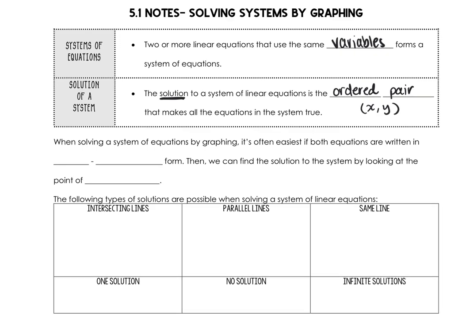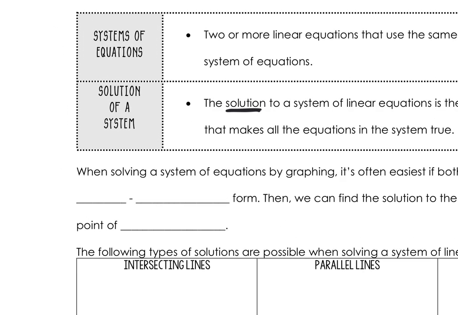We don't really have steps for this process, but when we are solving a system of equations, the first thing we're going to want to do is make sure both equations are written in slope-intercept form. And again, we've been using slope-intercept form a lot. That's the y equals mx plus b form.